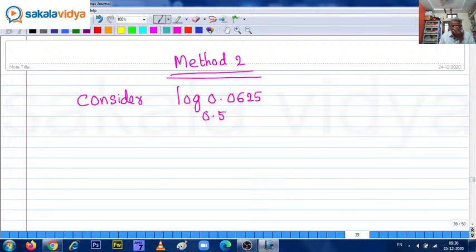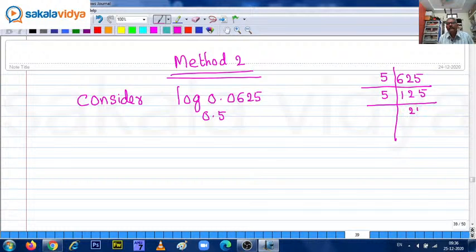So here we know that 625 can be written in prime factorization form like this: 5 125s are 625, and 5 25s are 125, again 5 5s are 25.